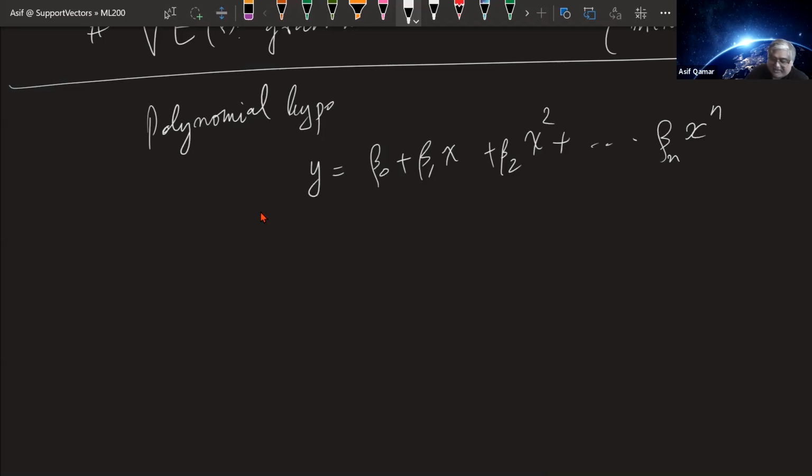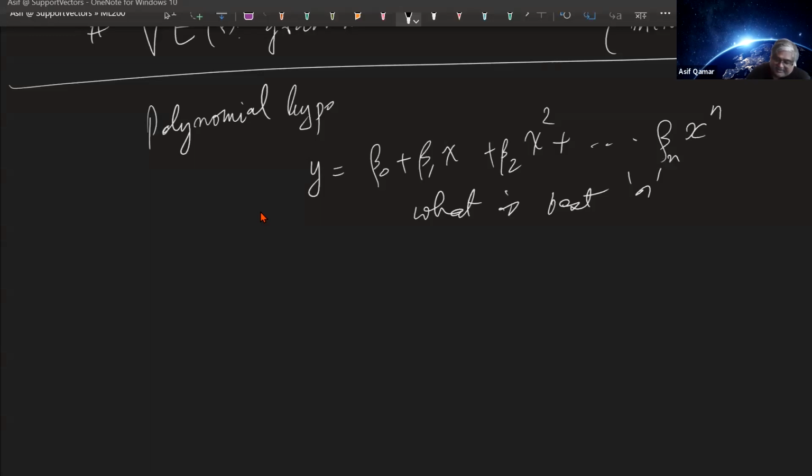Now the question is, what is n? What is the best n? That is a hyperparameter of the model. You can find the best hypothesis given it. If you take a line, you can find the best beta naught, beta 1. So suppose your data is given like this.